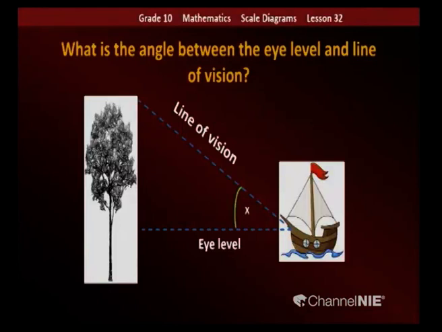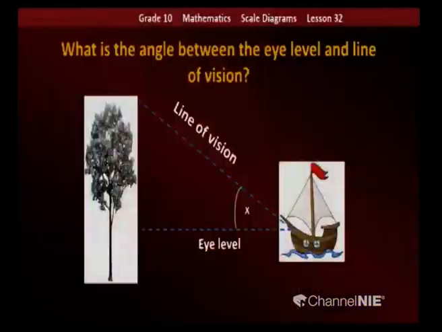And now revise. So far you have learned the angle of elevation and angle of depression. And now you know how to measure the angle of elevation and the angle of depression. And now carefully observe this picture. My dear children, now you got the idea. What is the angle between the eye level and the line of vision here?